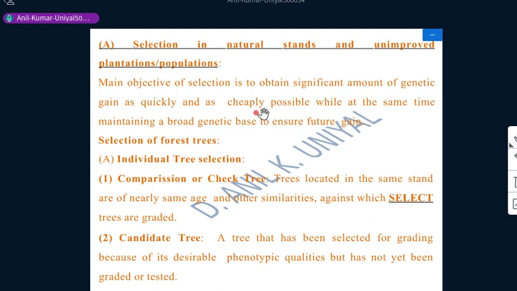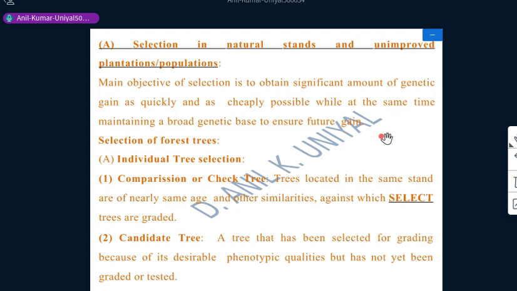The main objective of selection is to obtain a significant amount of genetic gain as quickly and cheaply as possible from such stands, while at the same time maintaining a broad genetic base to ensure future gains from these selections or collections.